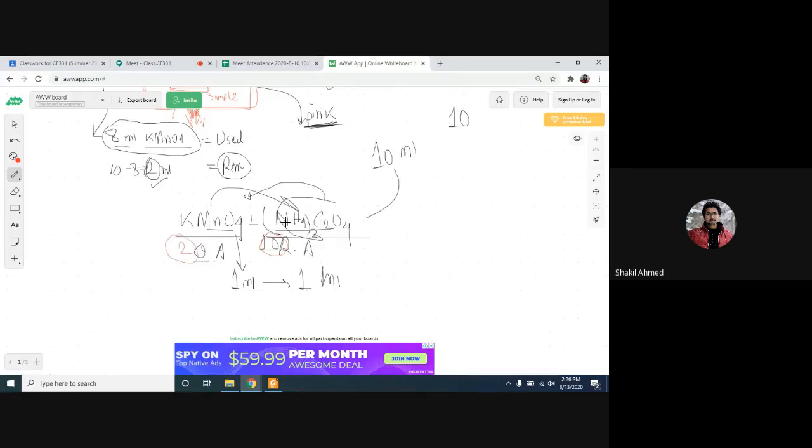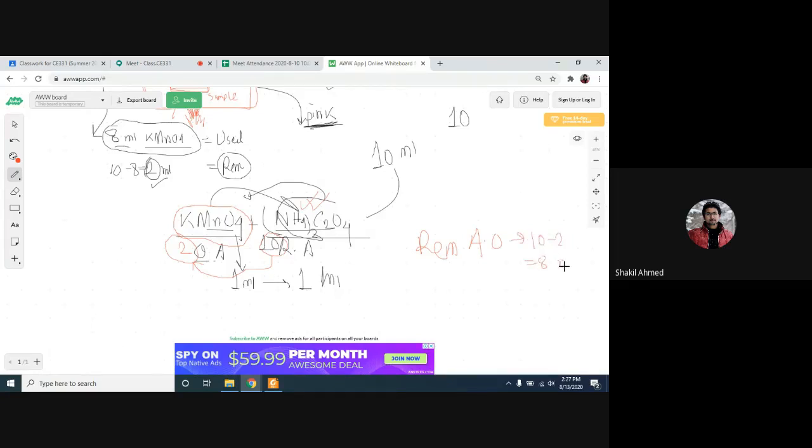So who will win? Ammonium oxalate will win. 2 ml of ammonium oxalate will cancel the 2 ml of potassium permanganate. Am I right? So the remaining ammonium oxalate is what? 10 minus 2 equals 8.